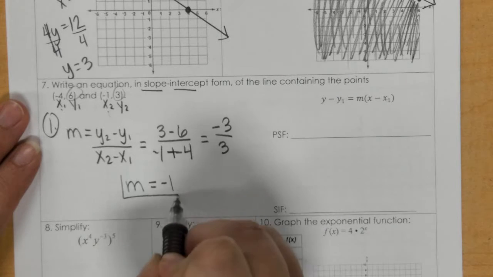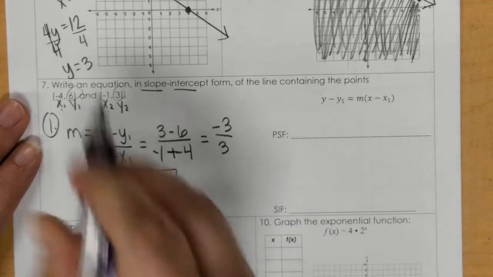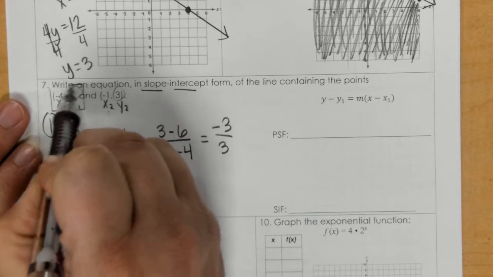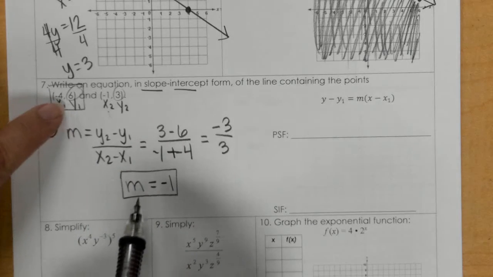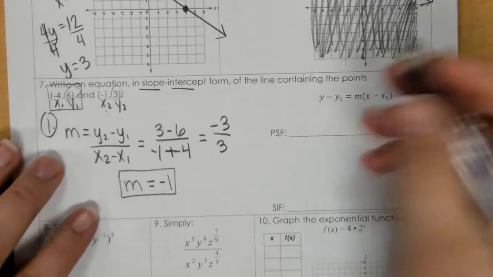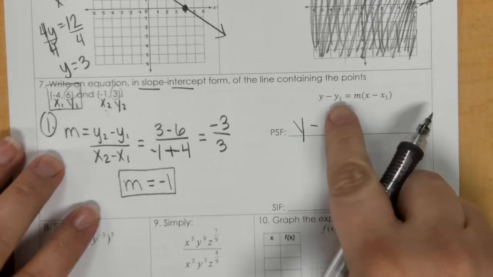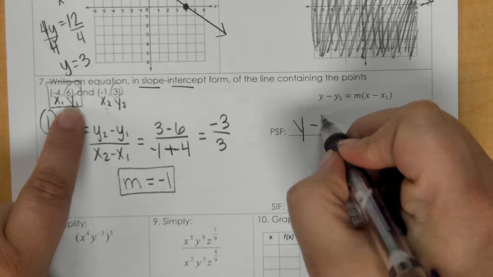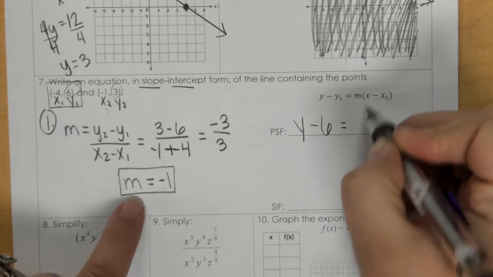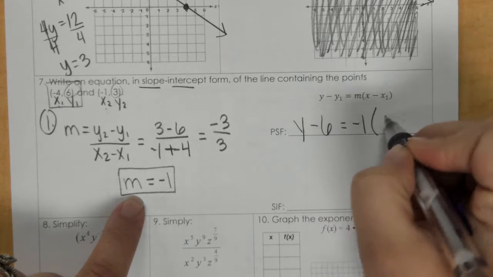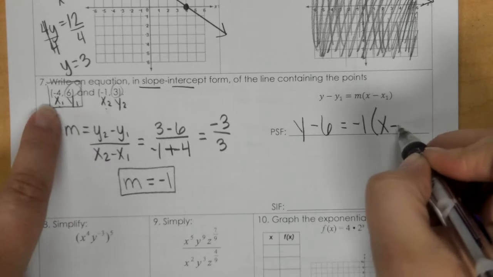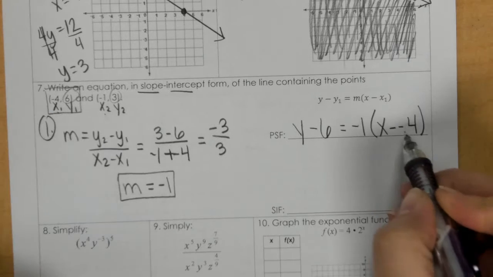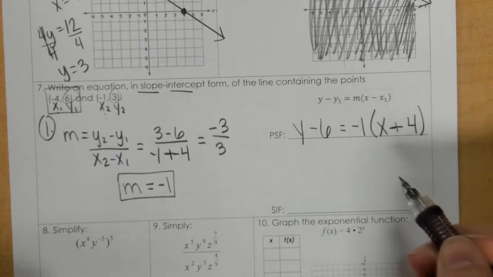Now that we know our slope and we have a point, we can plug these two things into point-slope form. So y minus y1 is 6. M is -1, and then x1 is -4. So this becomes positive.